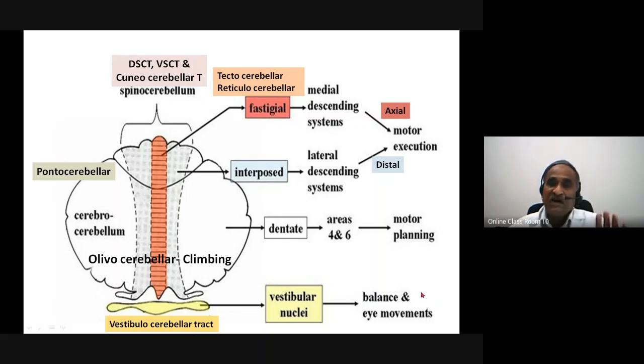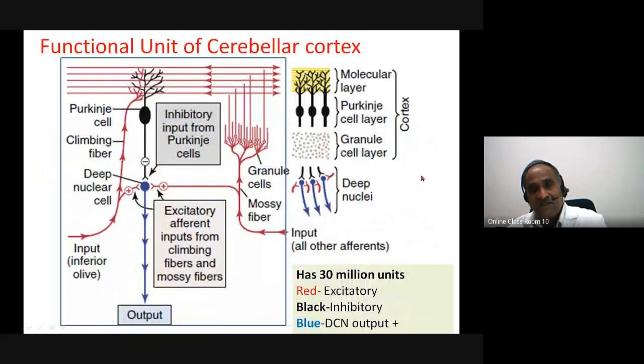This is in brief about the parts, the nuclei, the functions, and the output of the cerebellum. I have covered 4 objectives: the parts, connections, the nuclei, and the output of the cerebellum. Then move on further.